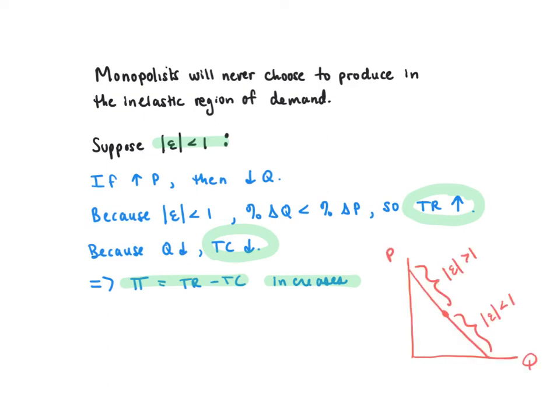Again, visually, if the firm started out in the inelastic region of its demand, it would have an incentive to increase price, lower quantity demanded, to increase profit, and it would continue to do this until it just moved itself right out of that inelastic region of demand.